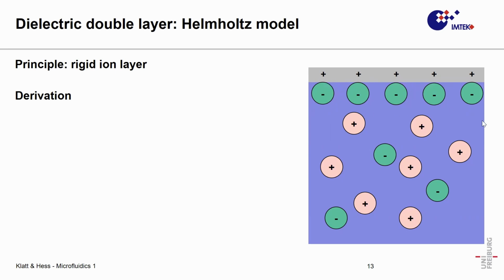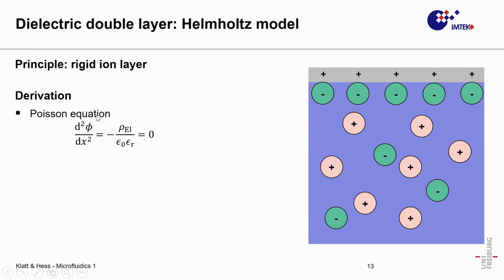The rest of the liquid, the so-called bulk solution, is neutrally charged because there are also negatively charged particles within the bulk solution, and there are enough of them in the solution anyhow, so that you can't really get all of them close to the wall.